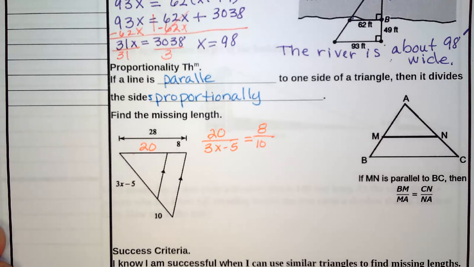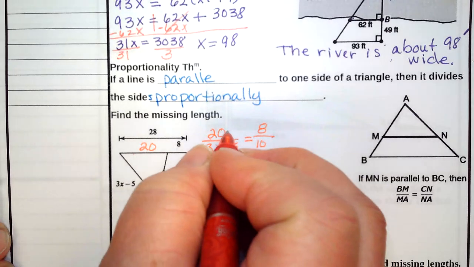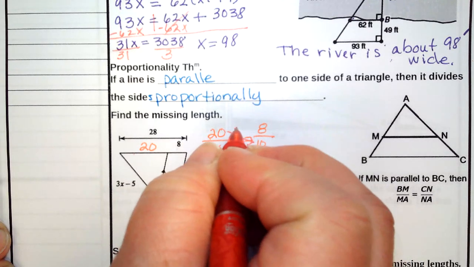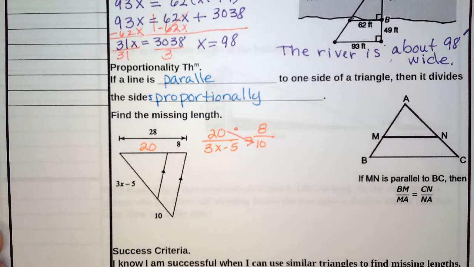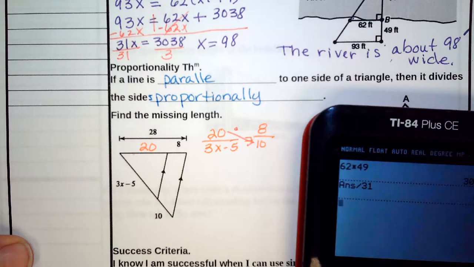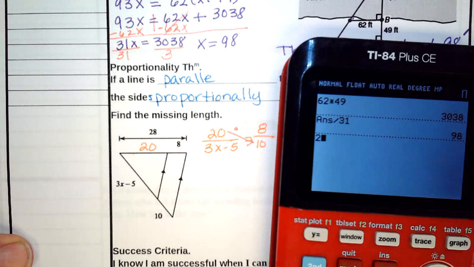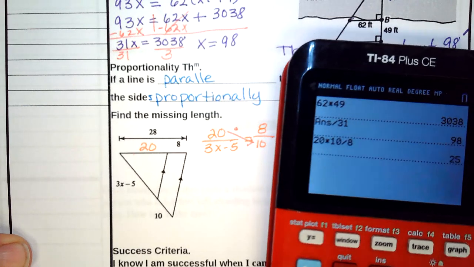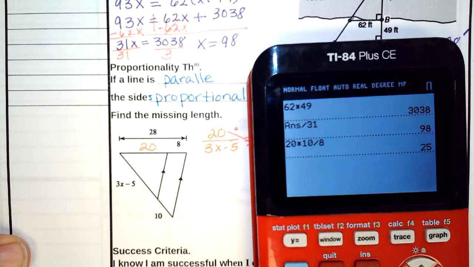I can still do a lot of this at one time, because I'm going to multiply and then divide. And then I'll just have to look at 3x minus 5 and what it's equal to. So I've got 20 times 10 divided by 8. I end up with 25.